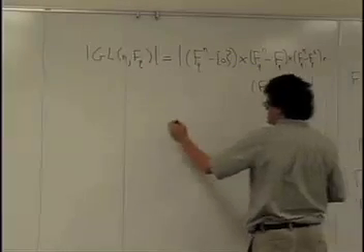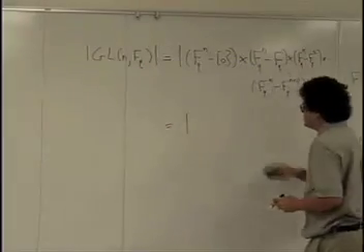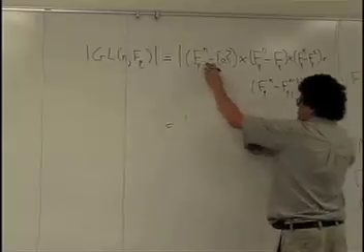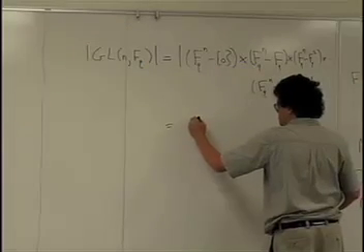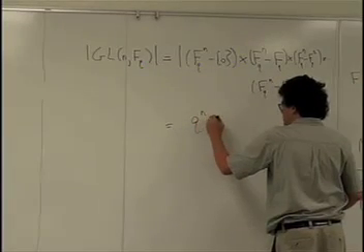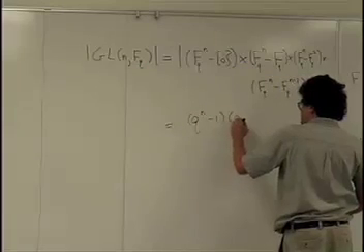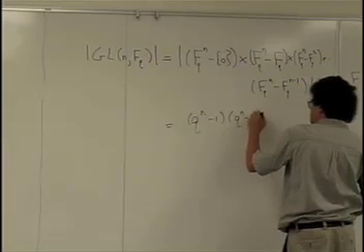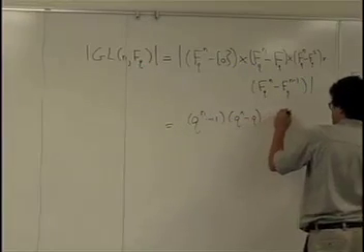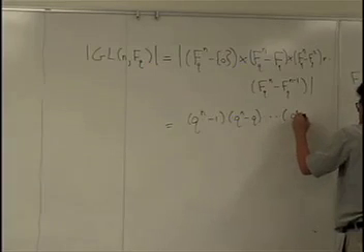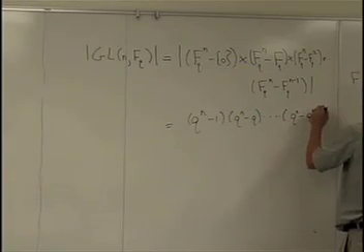So now we count, and that's very easy because the number of points in F_q is q. So it just becomes (q^n minus 1) times (q^n minus q) times all the way on to (q^n minus q^(n-1)).